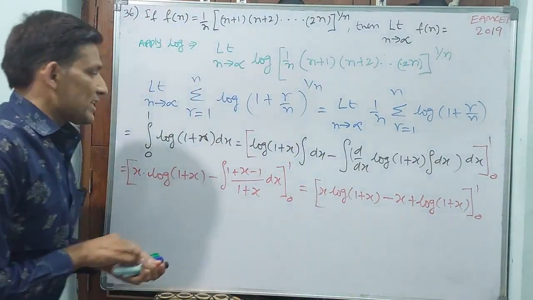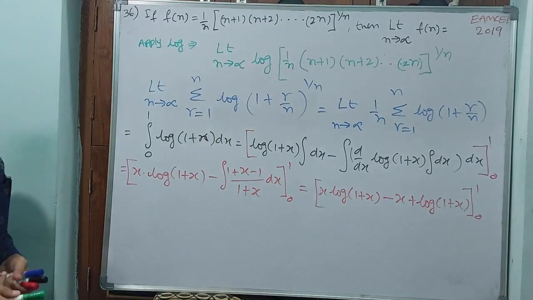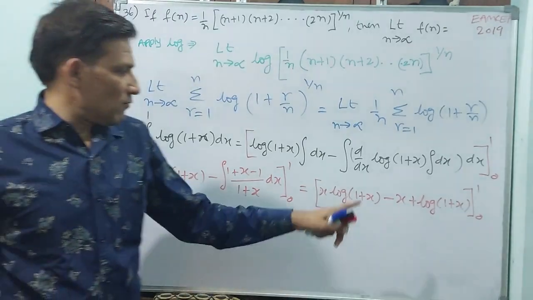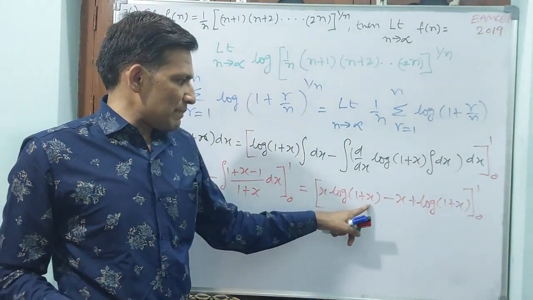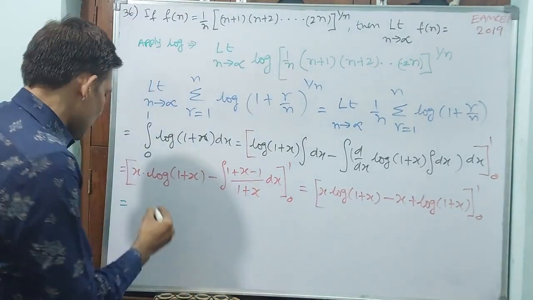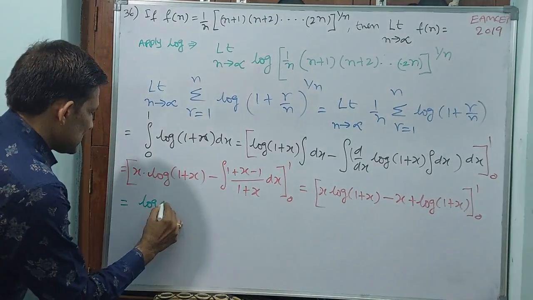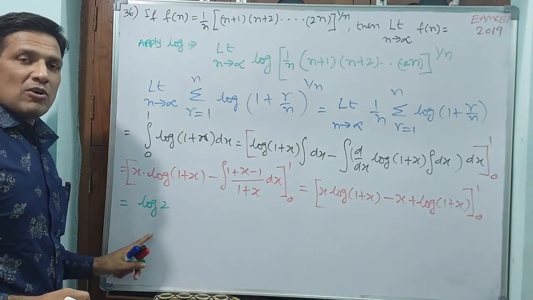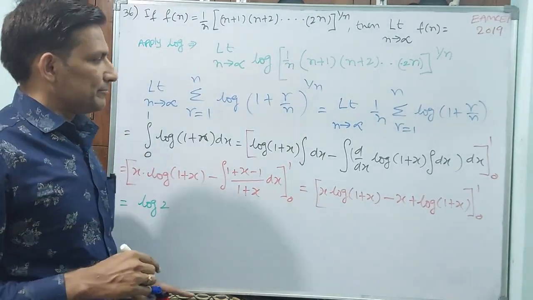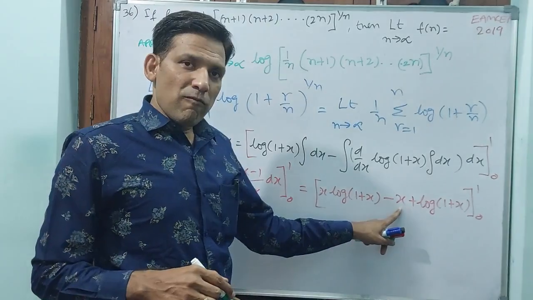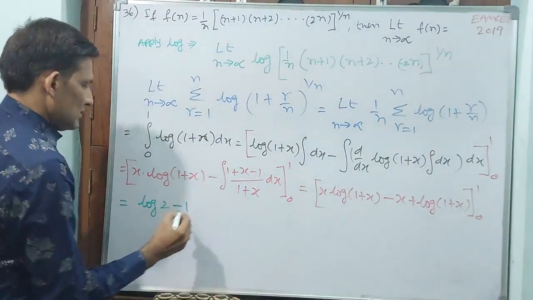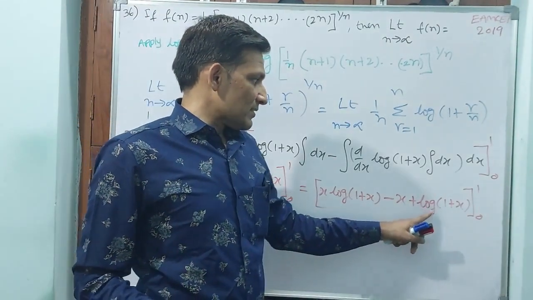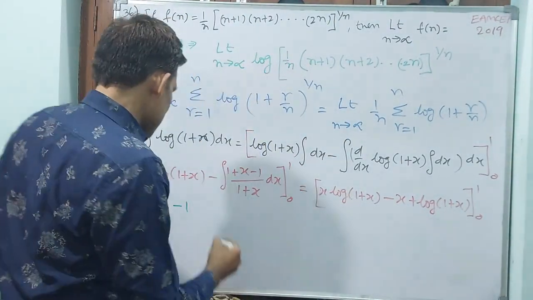Now integration is over. Now simply you apply the limits. See, first you are going to apply 1. If you apply 1, 1 into 1 plus 1, 2, log 2, 1 into log 2, write down log 2. Here, simply writing log 2 means log 2 to the base e, you think. Minus of 1, why? Because upper limit. Plus log of 1 plus 1, log 2, plus log 2 again.